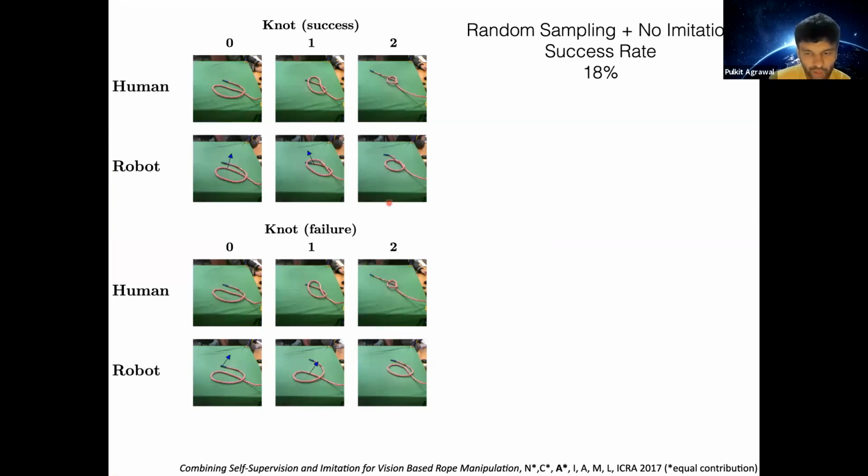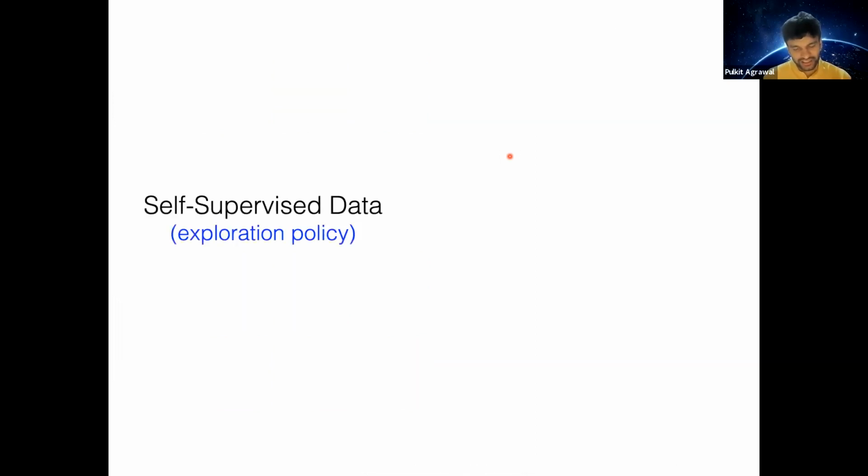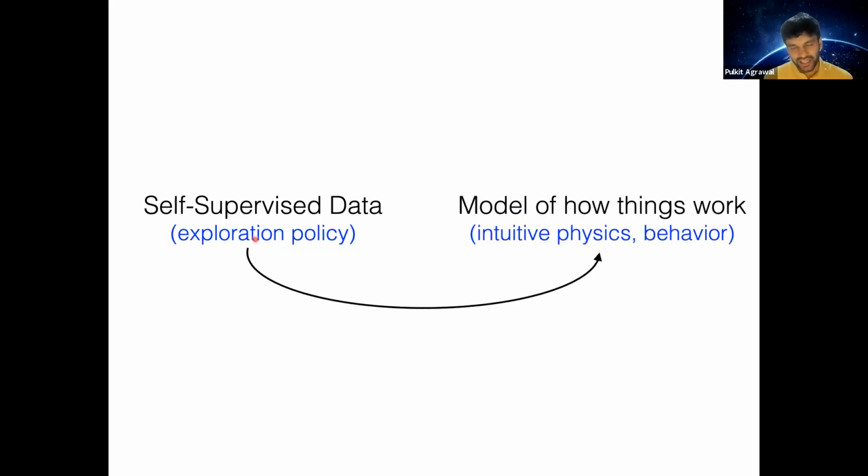What we saw in the previous lecture was that if we used these inverse models with imitation learning, they're able to perform much better. Right now, what I'm showing you is just the inverse model performing the task that I gave. So in summary, if we are collecting data in a self-supervised way, then we have seen two methods, the forward model and the inverse model, which can help me perform downstream tasks.